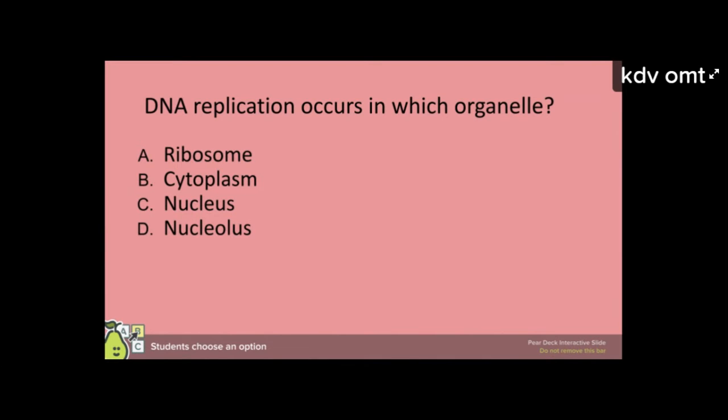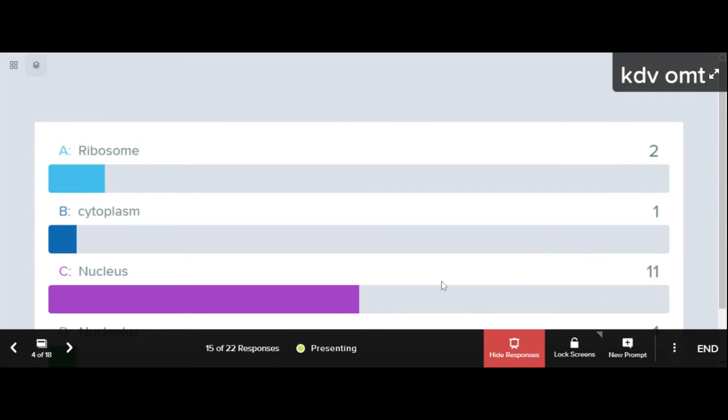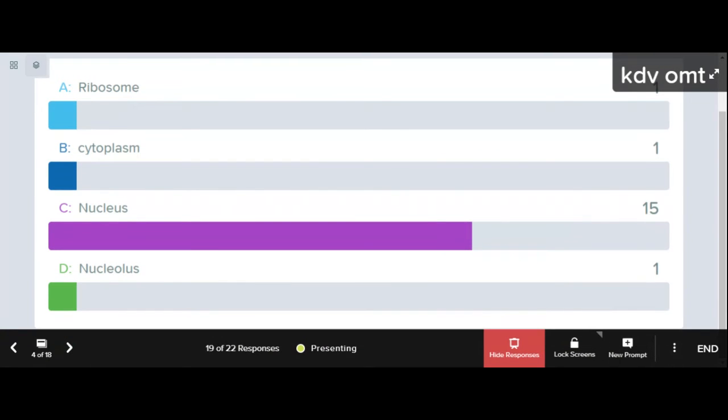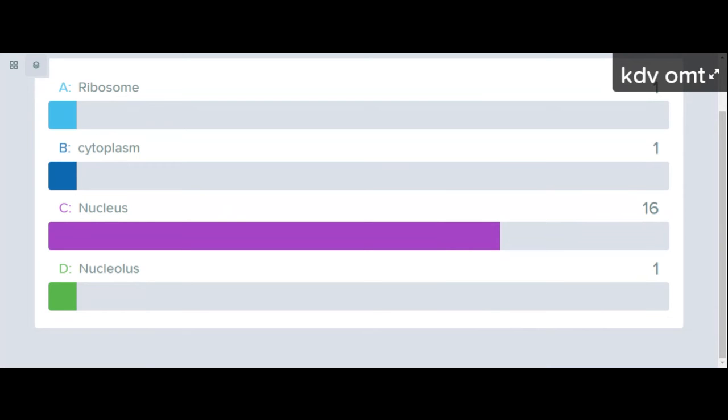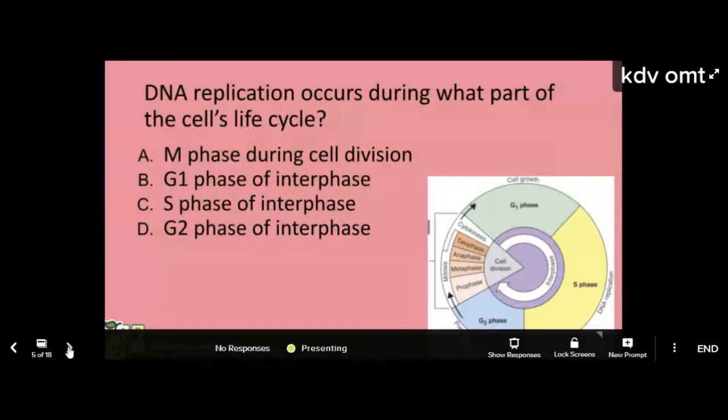I get it. All right, nucleus, excellent. DNA replication happens in the nucleus. Some of you guys are like, is it that simple? Yes, because DNA cannot leave the nucleus, so DNA replication has to happen in the nucleus. And I just need you to understand there are differences happening right now, and that's the key point here.